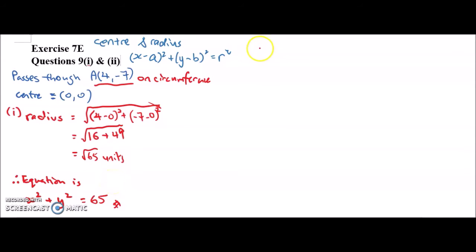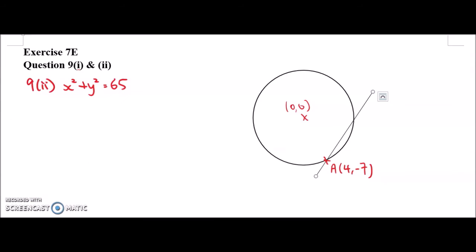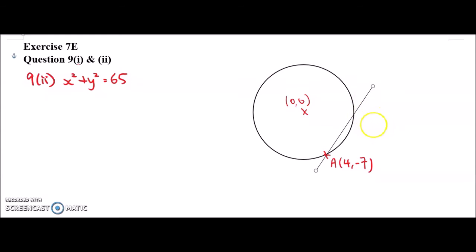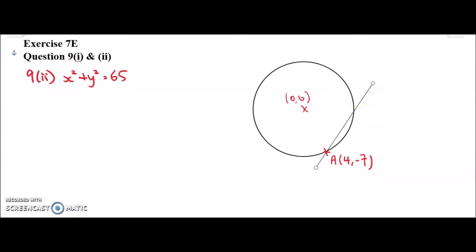In part 2 of question 9, we have a chord that passes through point A on the circumference of the circle. We know the coordinates of point A, and our answer in part 1 gives us the equation of the circle, x squared plus y squared equals 65. The question also provided us with the gradient of the chord, m equals 2.